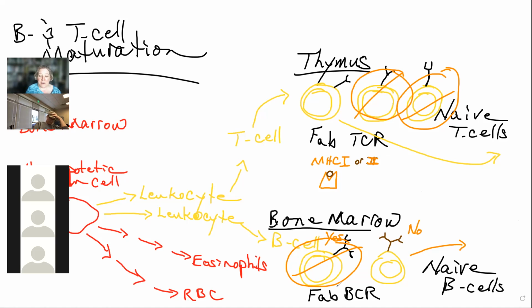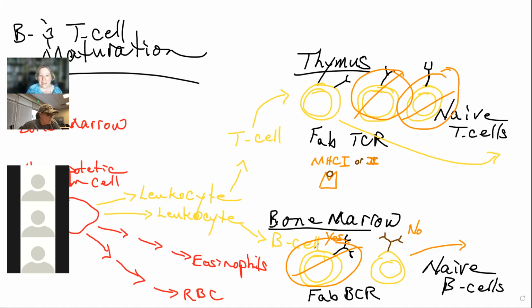Yeah, as long as they don't recognize self-antigens, they get to graduate. And they get to go on to become naive B cells. So that means that they have matured, okay? And the T cells, they've matured, okay? And they get to leave the bone marrow, they get to leave the thymus.